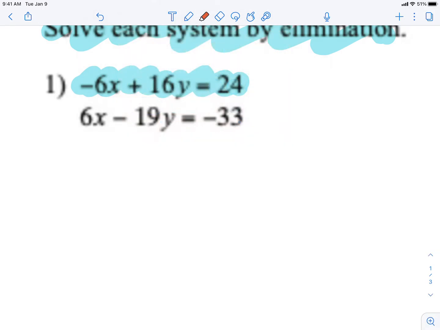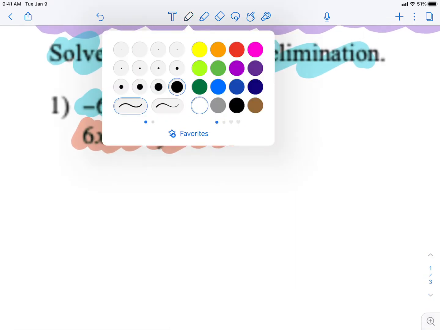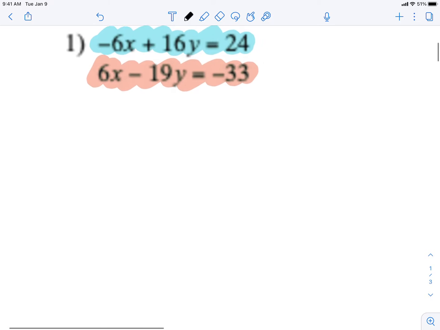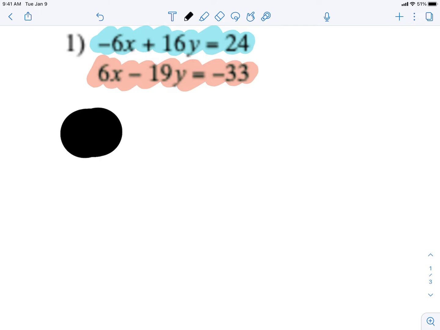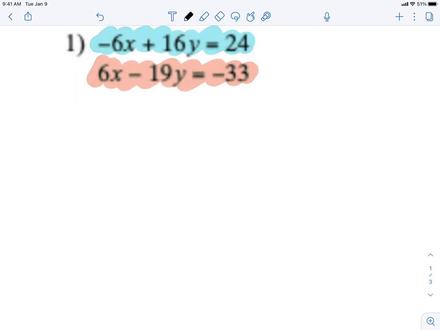Let's pick this color for the second equation. All of the problems in this assignment are the ones where there's no need to multiply. Either x or y will automatically eliminate without having to do anything to the equations.